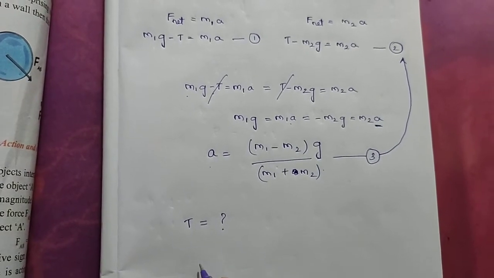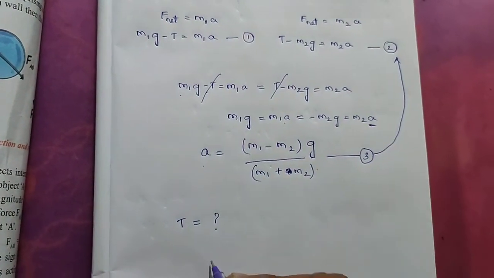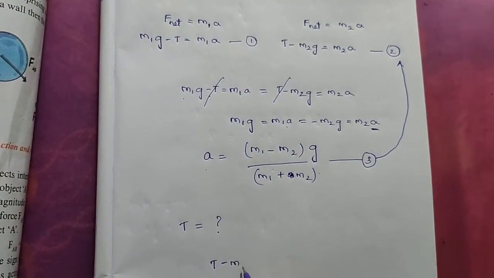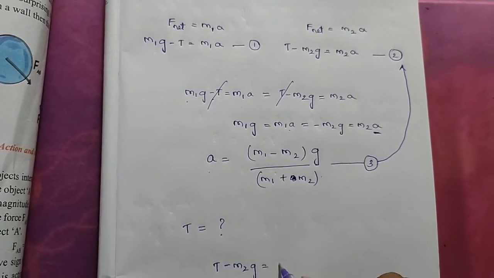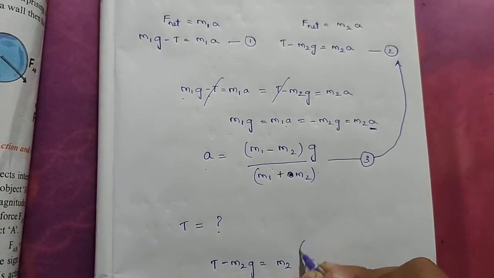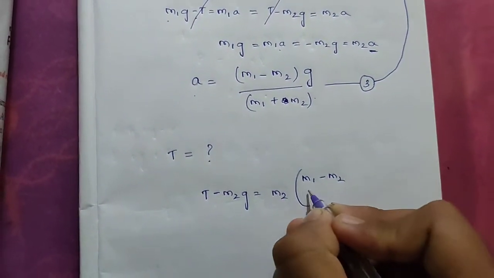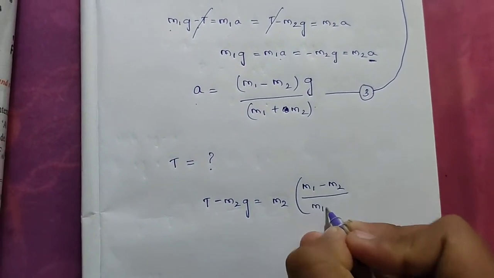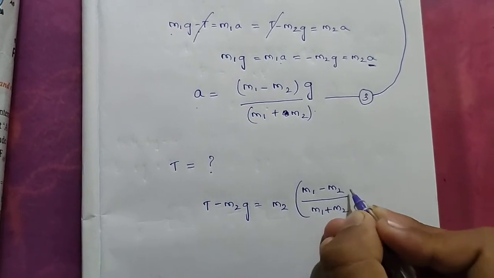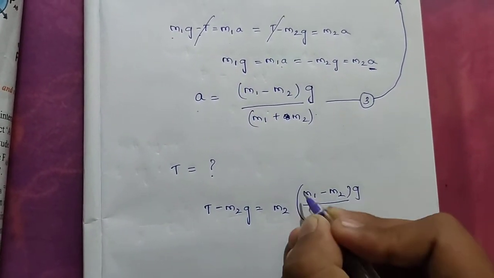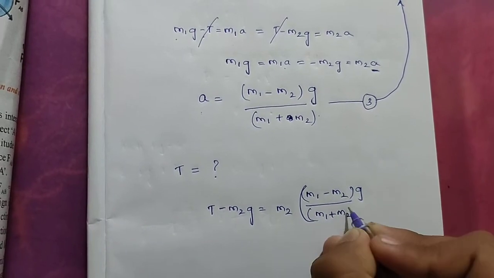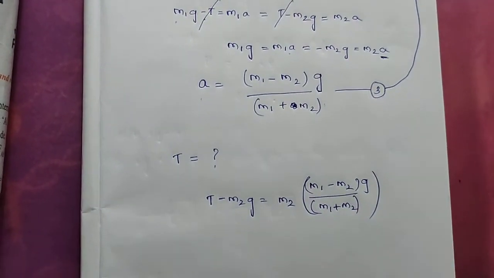So T minus m2g is equal to m2, and instead of a I have to write (m1 minus m2) divided by (m1 plus m2), and here I have the g value. Okay, so this is my equation.